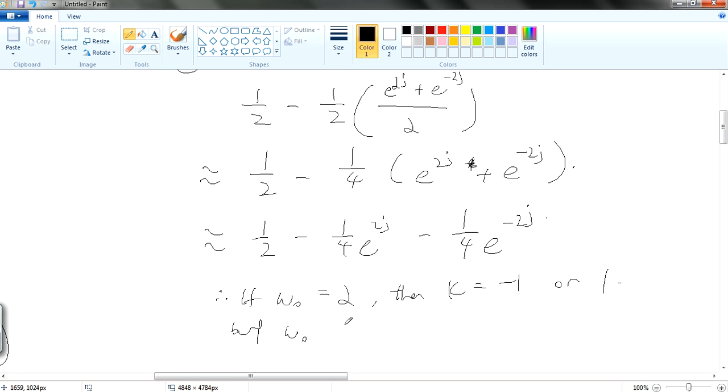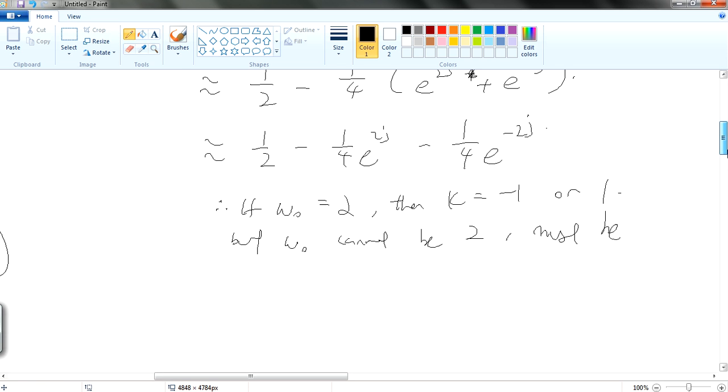But omega cannot be 2, it must be in terms of pi. So this is the point where, although we can straight away identify that this is C0, since there's no negative in front, this is k equals 1, and this is k equals minus 1.